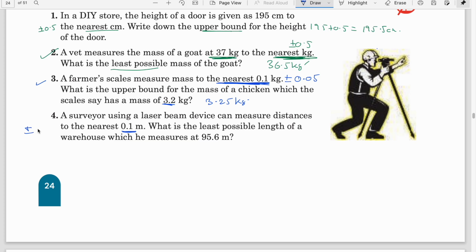Question 4. A surveyor using a laser beam device can measure a distance to the nearest 0.1 meter. That means plus minus 0.05, always half of the accuracy. So what is the least possible length of the warehouse which he measures? 95.6.